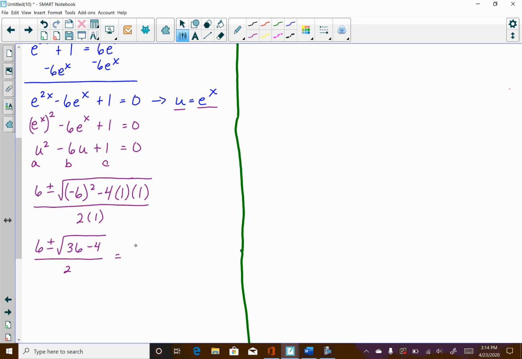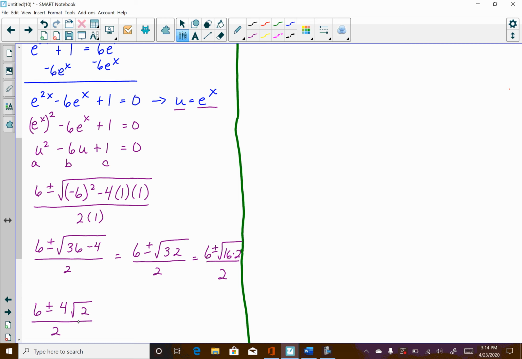So I have 6 plus or minus the square root of 36 minus 4, all over 2. Then that would give me 6 plus or minus the square root of 32, over 2. I want to break down that 32. This 32 is the same as 16 times 2. I want to think about numbers that I can easily take the square root of, and I can take the square root of 16. Then that gives me 6 plus or minus 4, since the square root of 16 is 4, so it comes outside the house. The 2 stays inside.